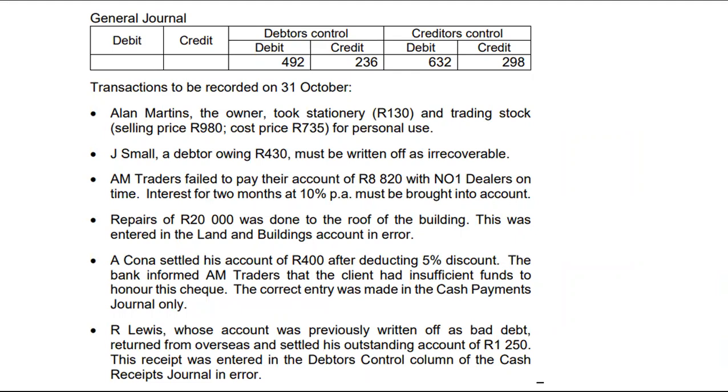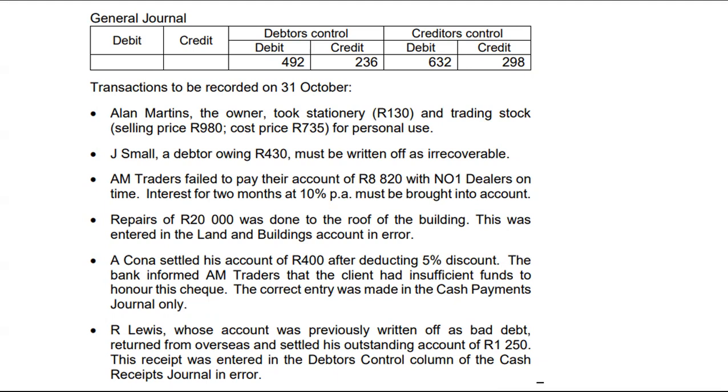The next one. A Corner settled his account of 400 after deducting 5% discount. The bank informed AM Traders that the client had insufficient funds to honor this payment. The correct entry was made in the cash receipts journal. So we only need to cancel the discount.